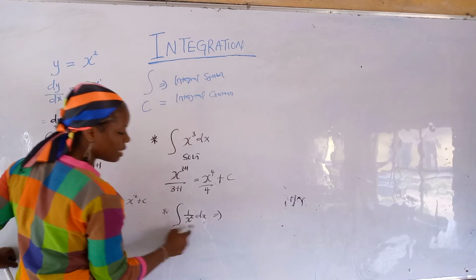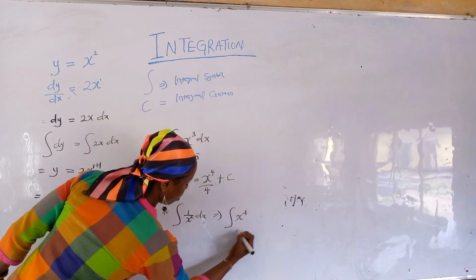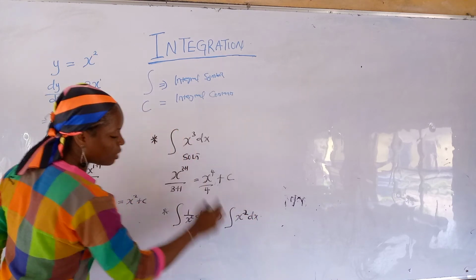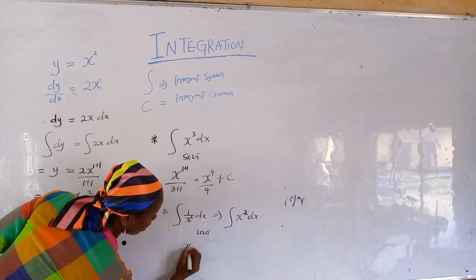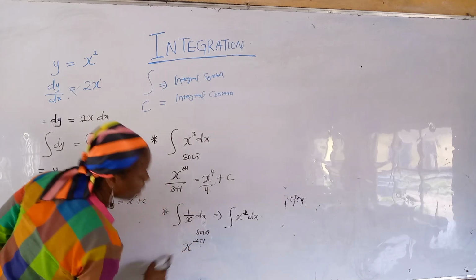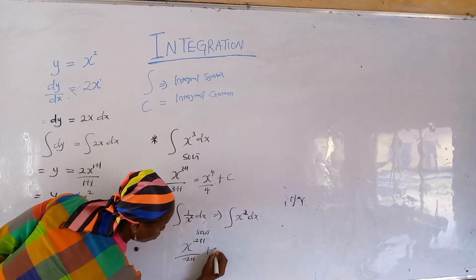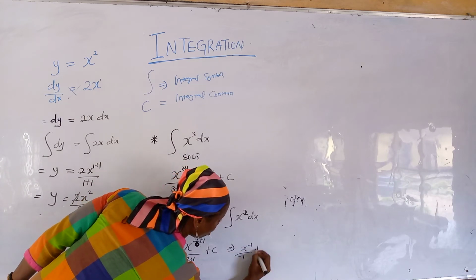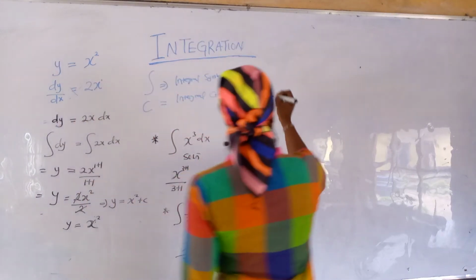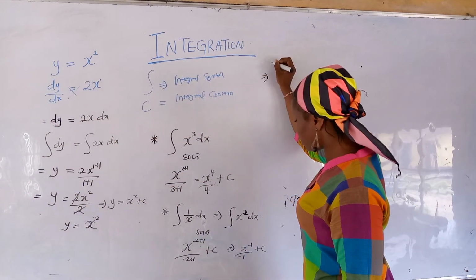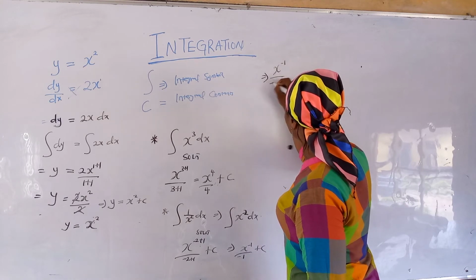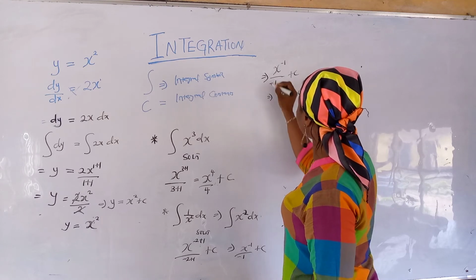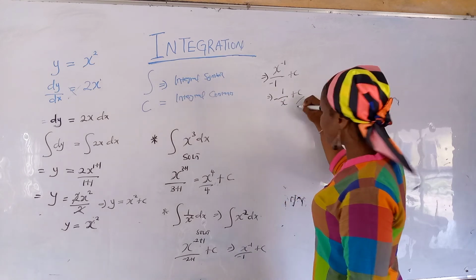That is a negative index, and I'm not doing anything wrong, so that I can integrate very well by saying x to the power of minus 2 plus 1, all over minus 2 plus 1, plus C. Remember, we always add 1 to the power and divide by the new power, plus C. Minus 2 plus 1 is minus 1, so we have x to the minus 1 all over minus 1 plus C. I can rewrite that as minus 1 all over x plus C. So that is the answer for this.